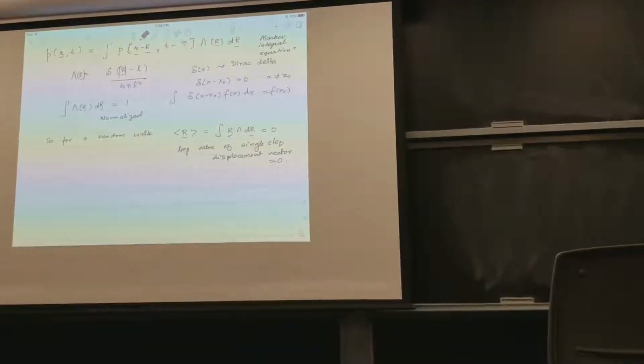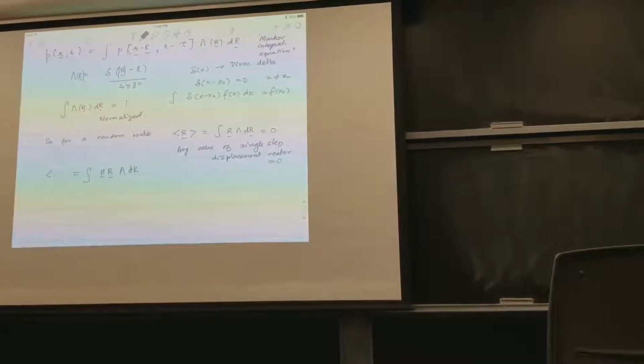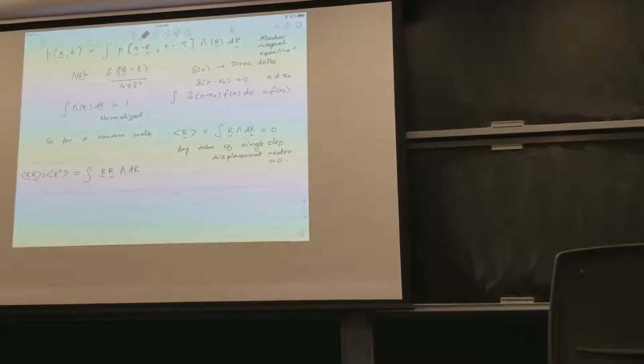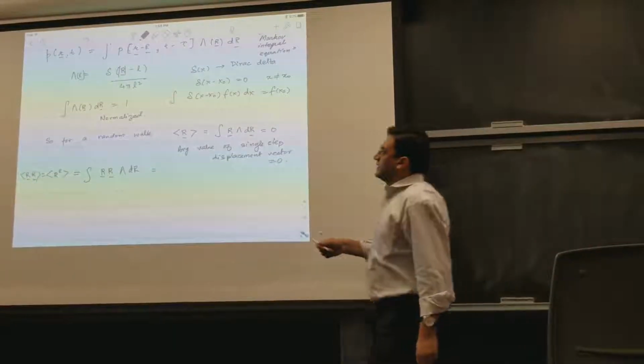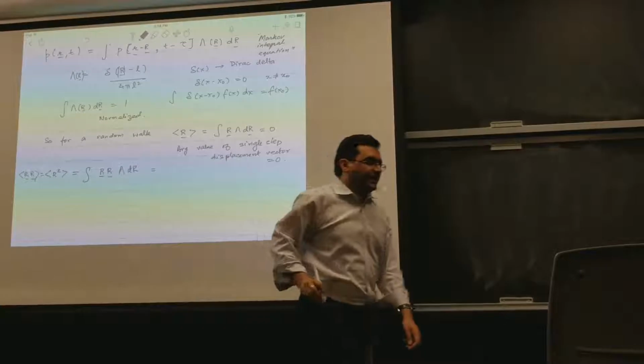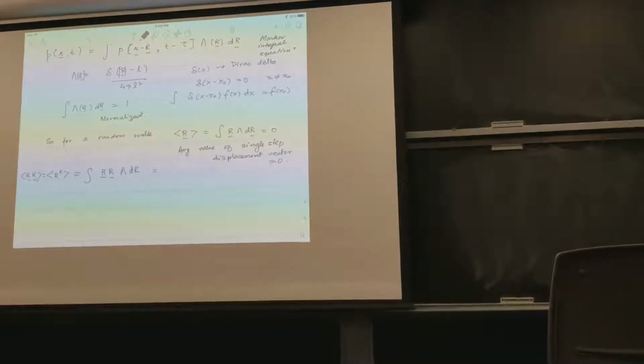But what is non-zero is the second order term, or if you take the mean square, which we can also write as R times R. That's actually the magnitude, I shouldn't really write it like that, but this is a dyad.